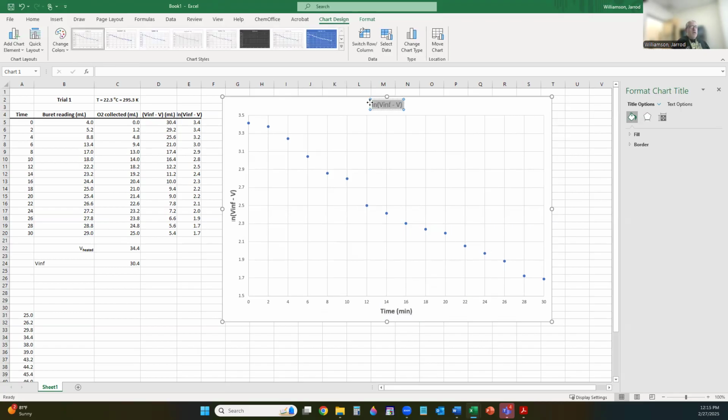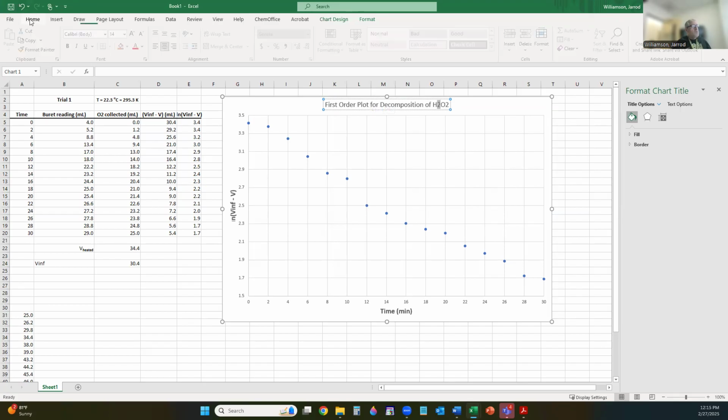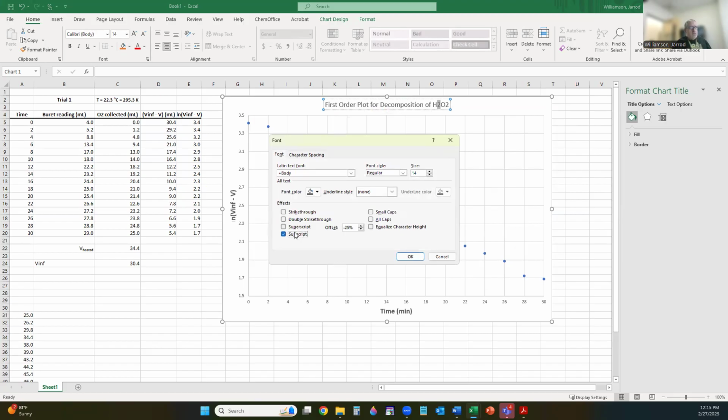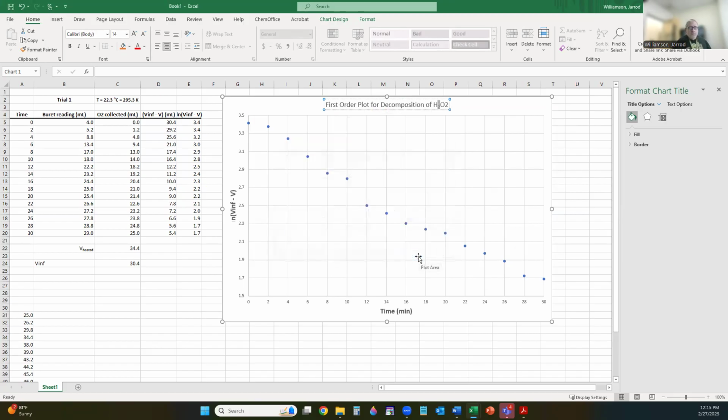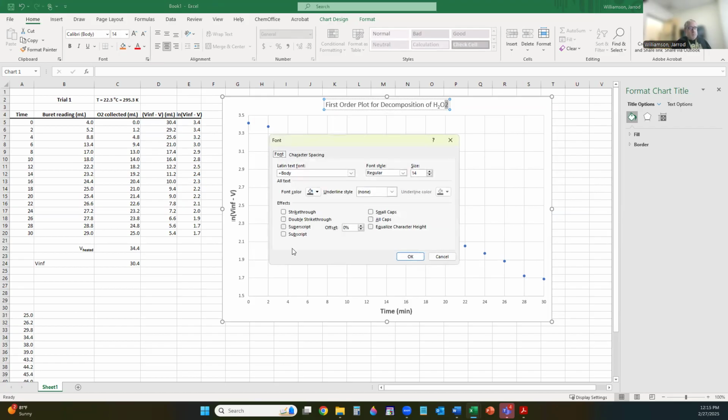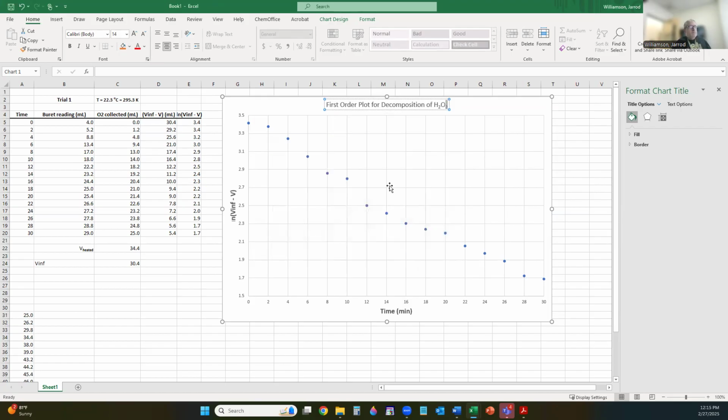And here I'm going to go first order plot for decomposition of H2O2. And I think for up here, I can go to Home, font, subscript, font, subscript.